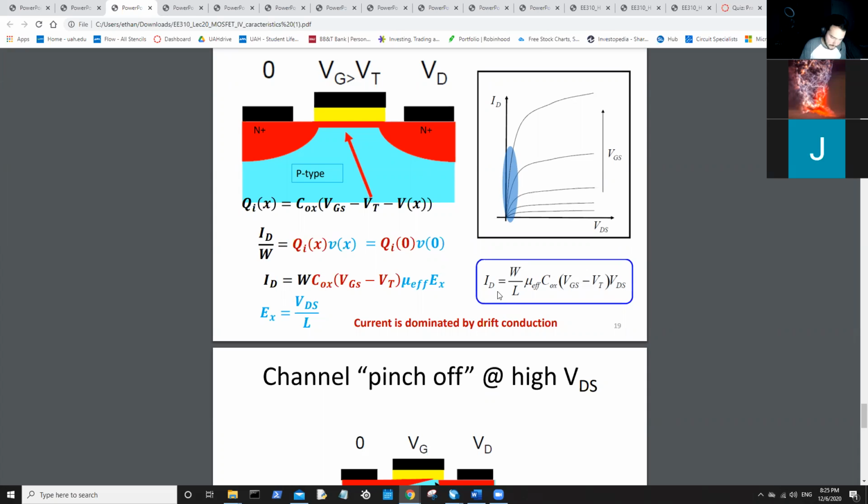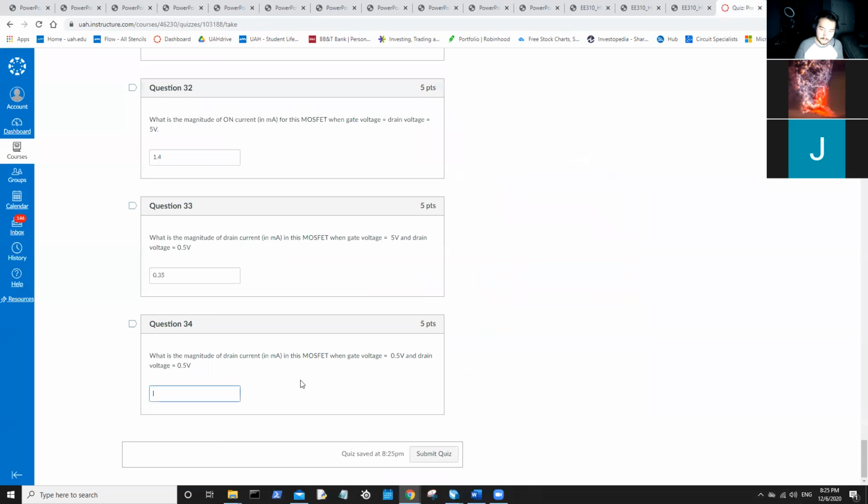I have something to the negative fifth, a super small negative number, but we'll change the negative out of the way and say 0.038 milliamps, since it's asking for the magnitude.